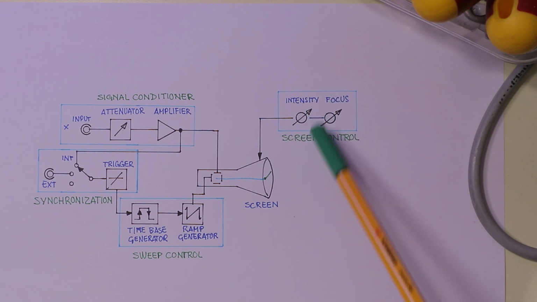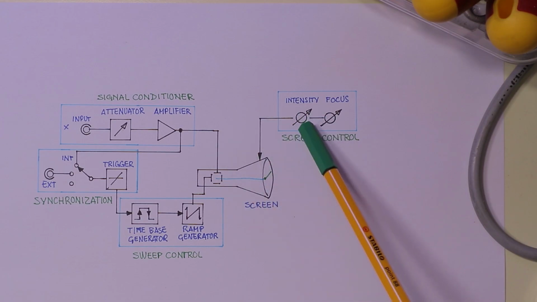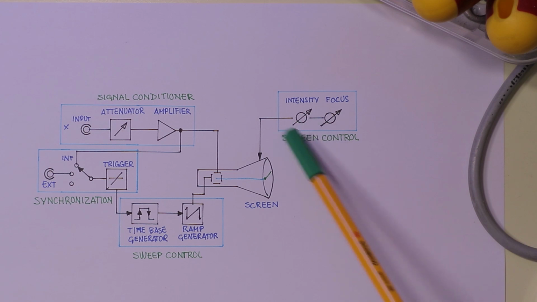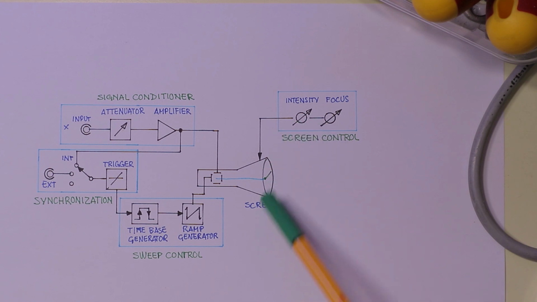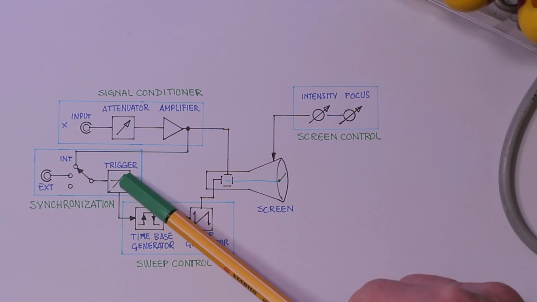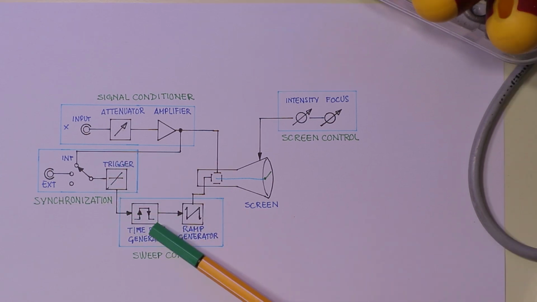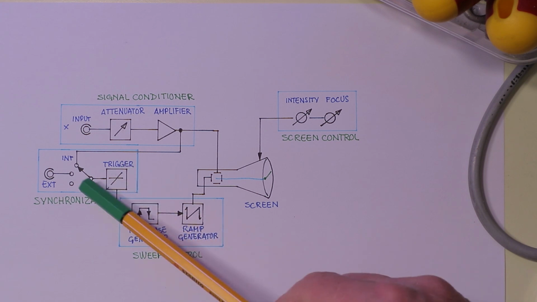And here we have the intensity and focus, the screen controls. In digital oscilloscopes, we may have further controls such as the opacity of the graticule. The trigger has the function to detect a level at which point the time generator is started, synchronizing the sweep to that specific level.